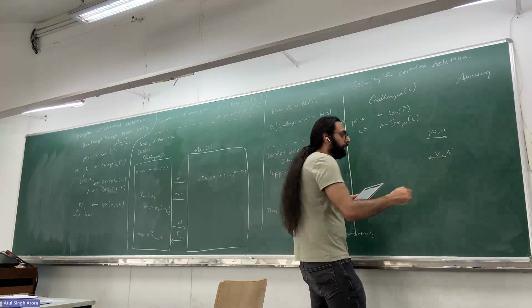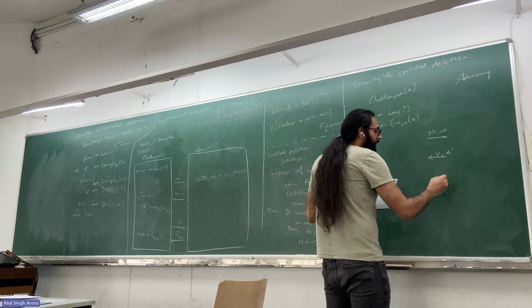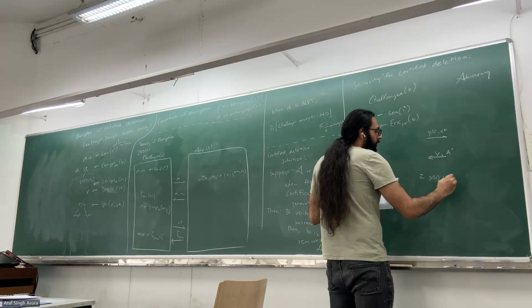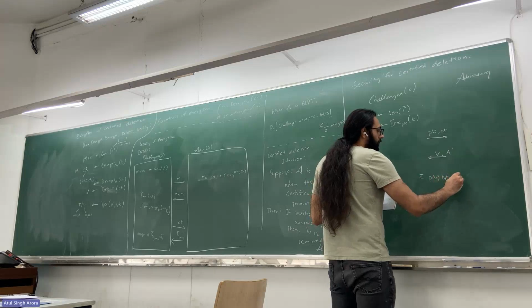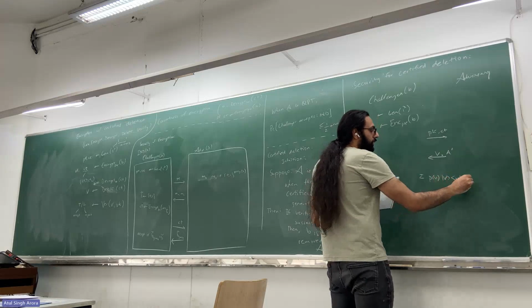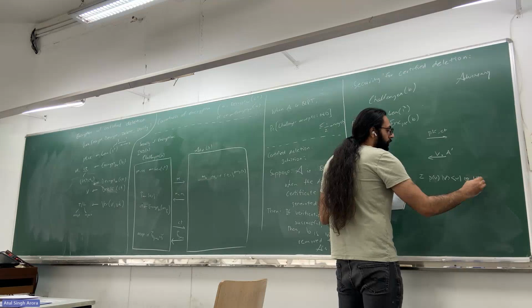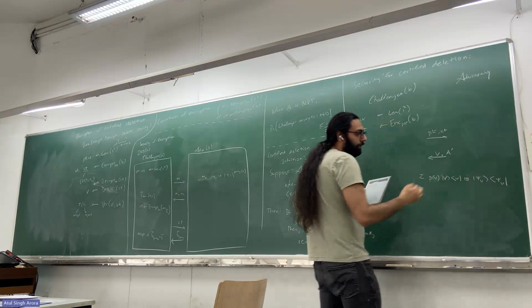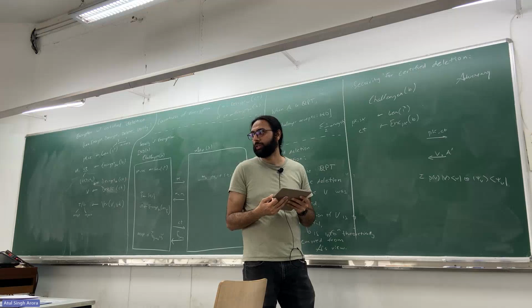For example, there could be some distribution over V, so there is some probability of getting V, and the state would be like this. This is the classical bit, and then there could be some possible entanglement, or probably something even more general.